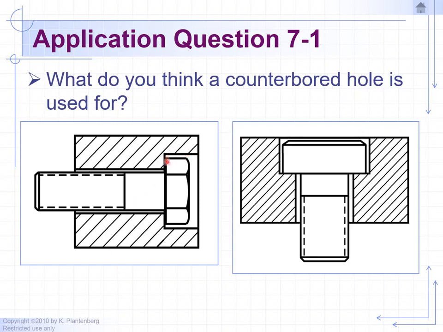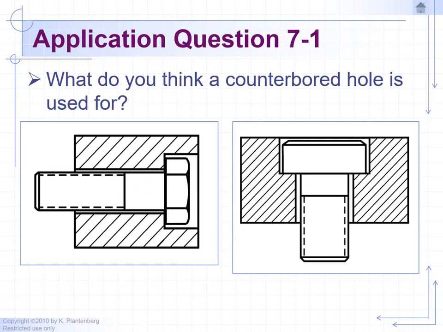And here's another example of a counterbored hole. The head of this bolt is slightly even lower. You don't want it flush. If possible, just make it slightly lower than the top of the plate. And typically a plate will bolt on to another plate.